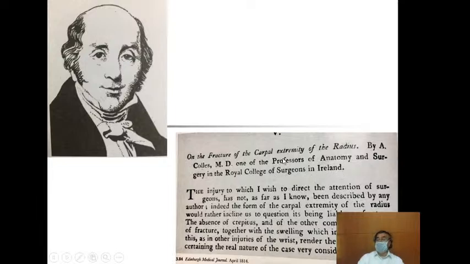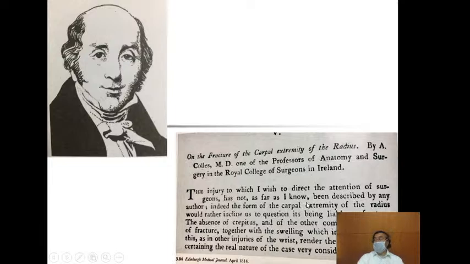With a lot of difficulty I could get the photograph of this. So it's very rare, and I just wanted to show you the things which were there at that time. He's a great man in that he could visualize what all happens in a Colles fracture, and he described in minute detail what happens in a Colles fracture.